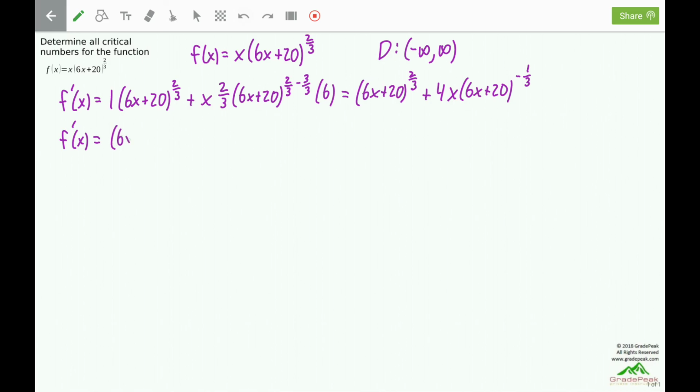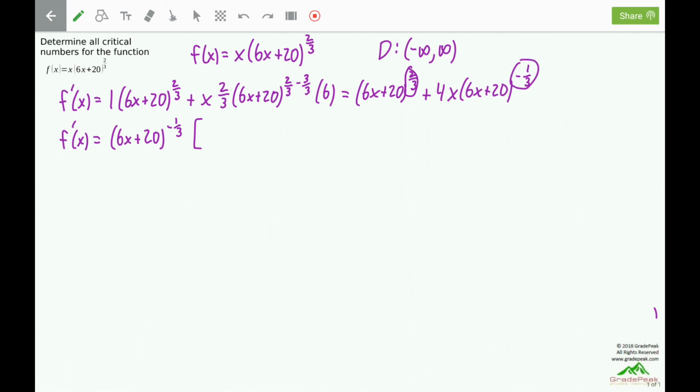So we will now factor out a (6x plus 20) to the negative 1/3 power. Factoring is dividing, and dividing is subtraction of exponents. So by factoring out a negative 1/3 power, we will be subtracting a negative 1/3. Subtracting a negative 1/3 is equivalent to adding a 1/3, so we will be adding a 1/3 to each of the powers.